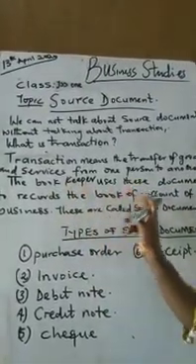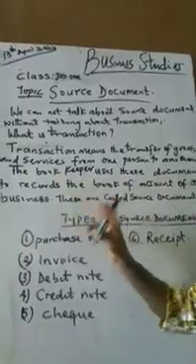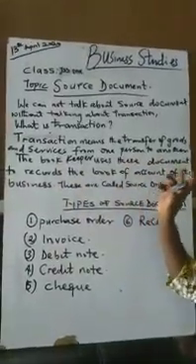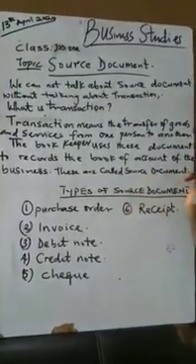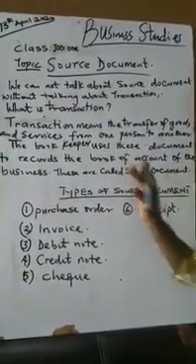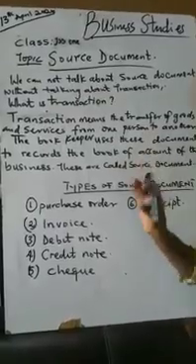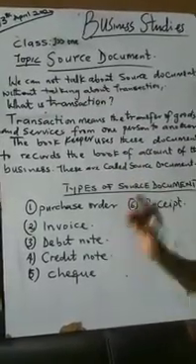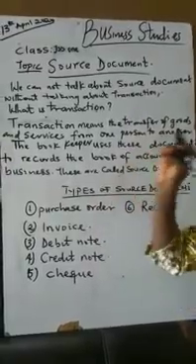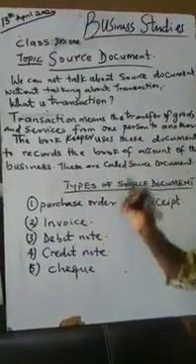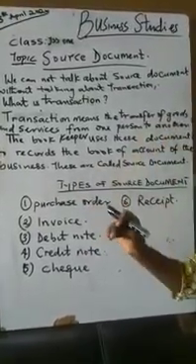The bookkeeper uses these documents to record the books of accounts of the business. These are called source documents. From all these, what are source documents? The books that are used to record transactions are called source documents.